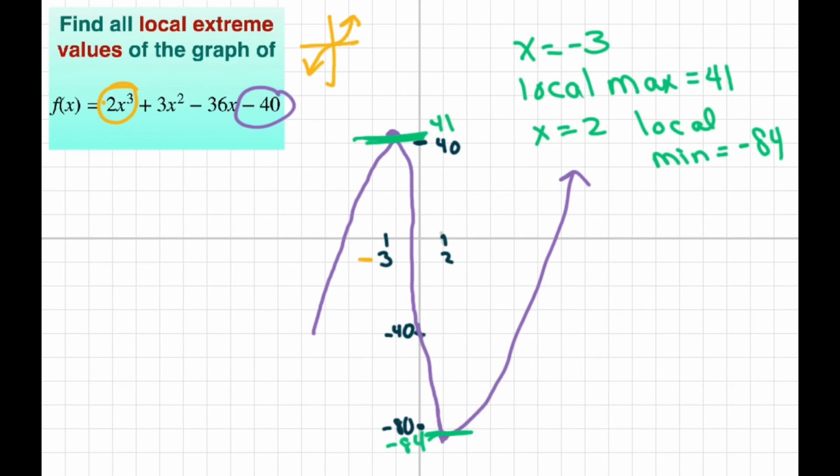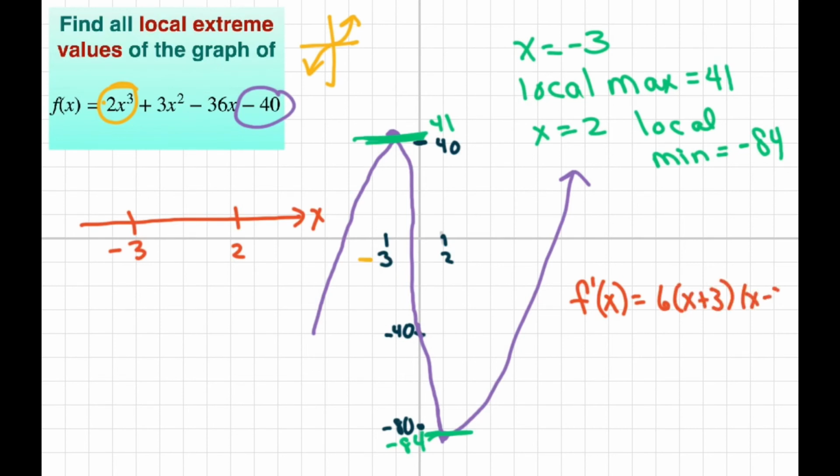Now, sometimes it's not convenient to graph, especially like this one. So another good way to do it is to use a sign diagram. You could put your negative 3 and 2 just on this without graphing it. So this is your x. All you have to do is take your derivative that we had, which was f prime of x equals 6 times x plus 3 times x minus 2.